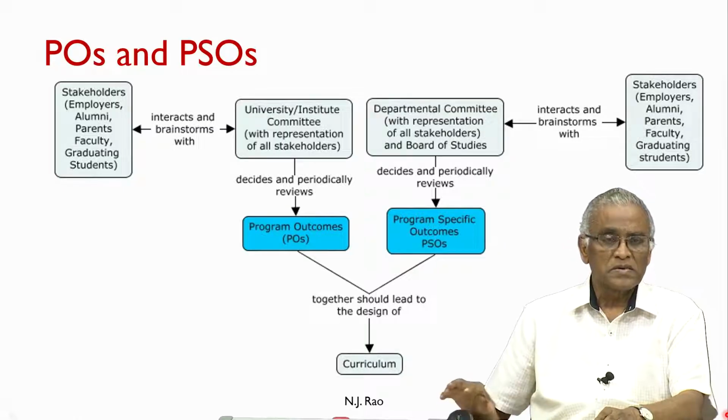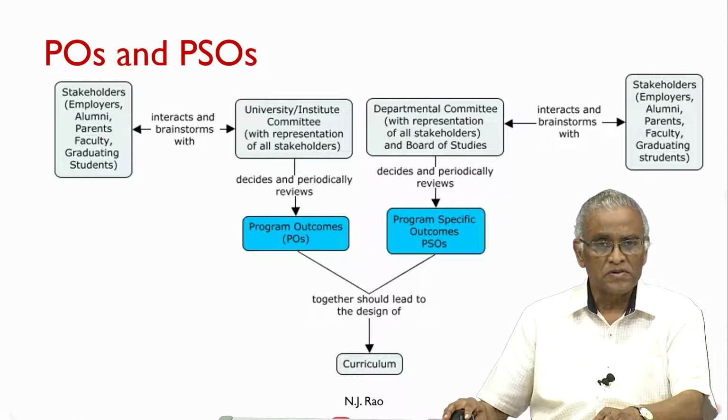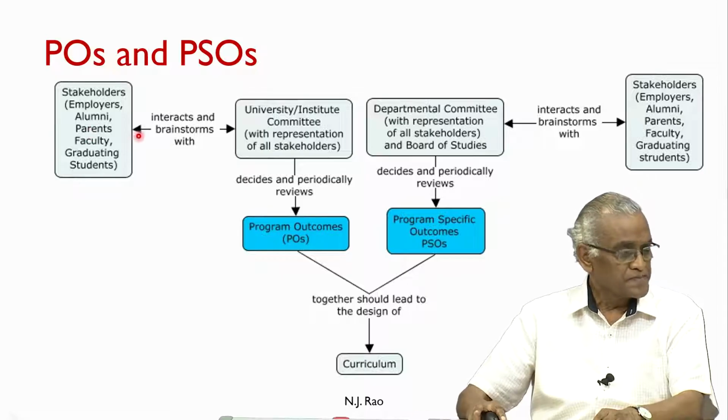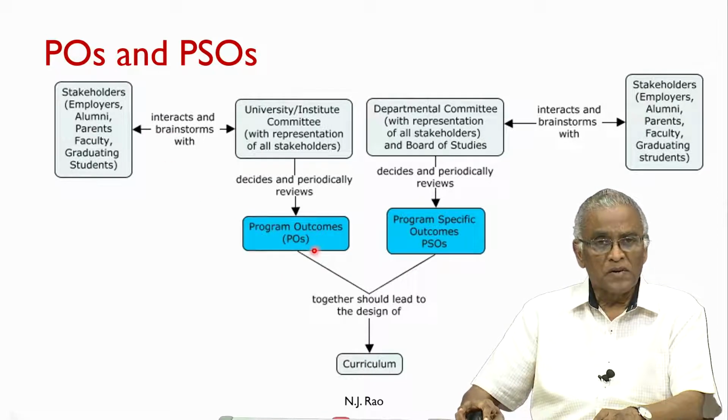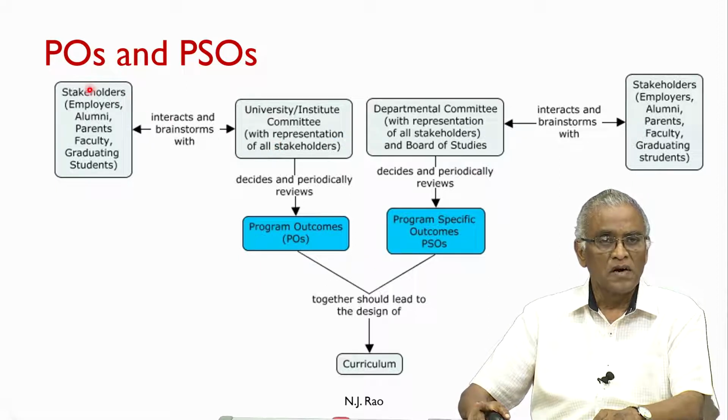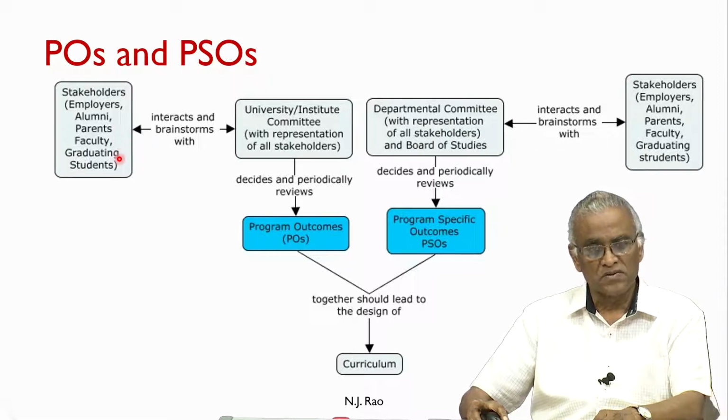Now, what is the process of creating these POs and PSOs? Here the program outcomes, as we said, are decided by the university or an institute committee with representation from all stakeholders. Stakeholders will include employers, alumni, parents, faculty, graduating students.